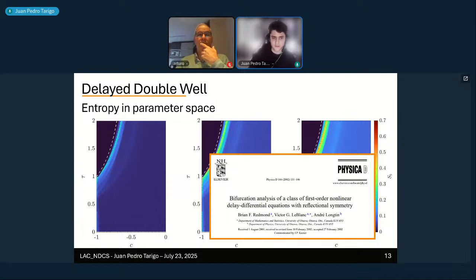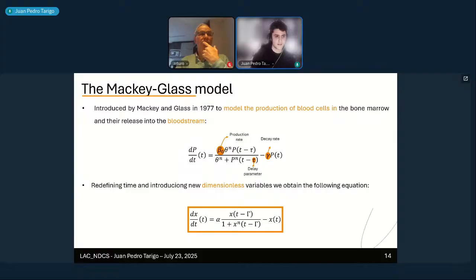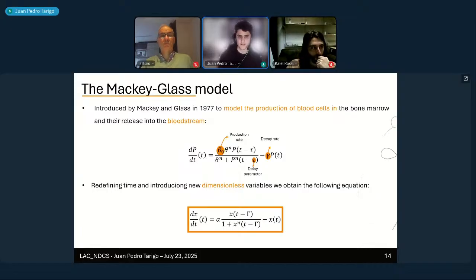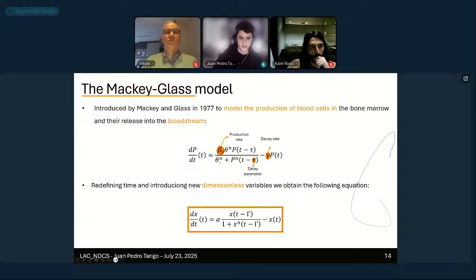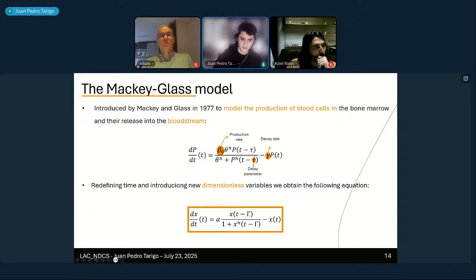So what we did was then take the Mackey-Glass model, which is pretty famous, introduced by Mackey and Glass in 1977 to model the production of blood cells in the bone marrow and their release into the bloodstream, where we have a delay parameter tau and also this alpha parameter, which is the intensity.